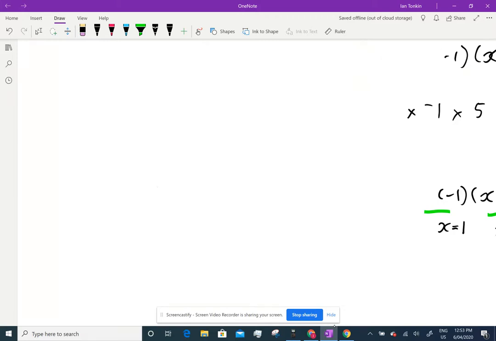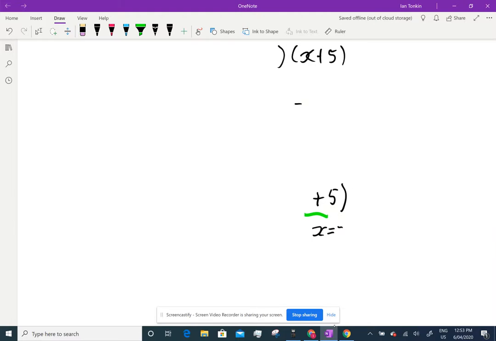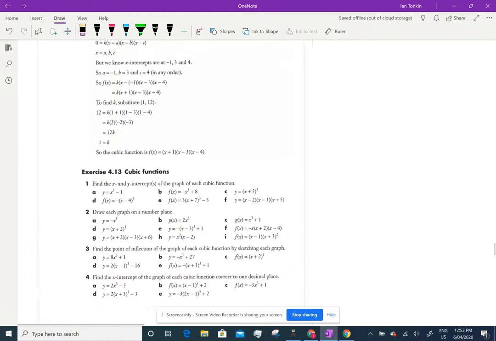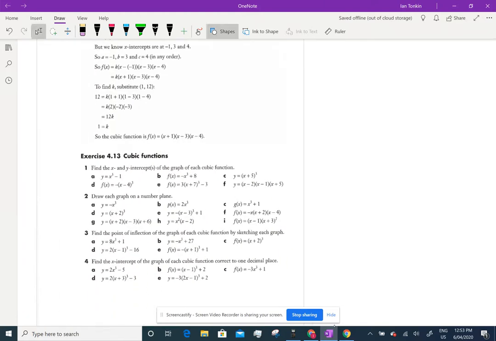So I'm going to ignore that question when it comes up. Rather you try and do it algebraically than do it graphically, because you can't do it graphically, not unless you're a really good drawer. Okay, so let's have a look at the first one.